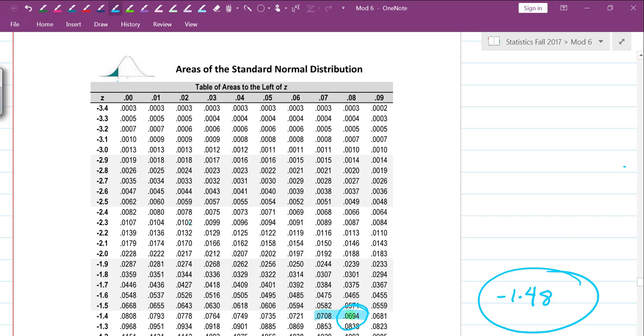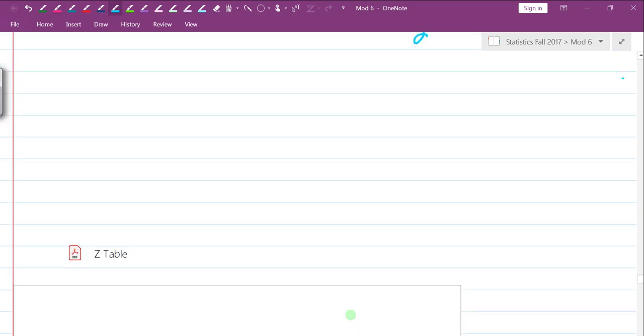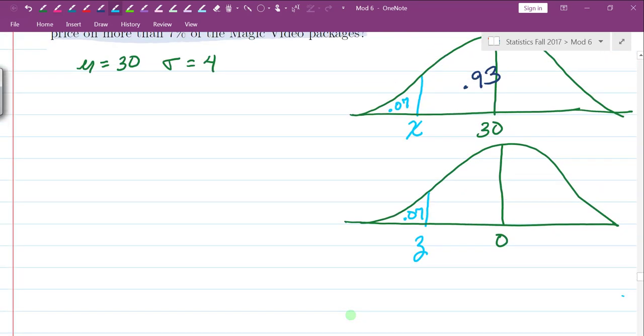So that's negative 1.48. For a z value of negative 1.48, we have 0.07 underneath the curve.